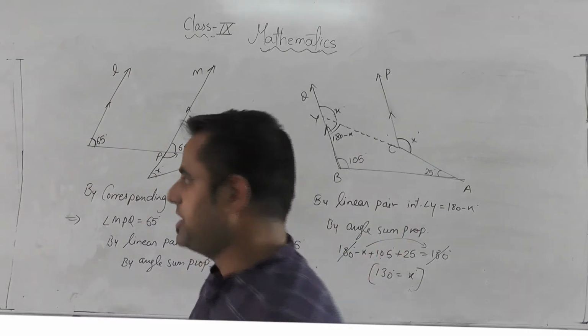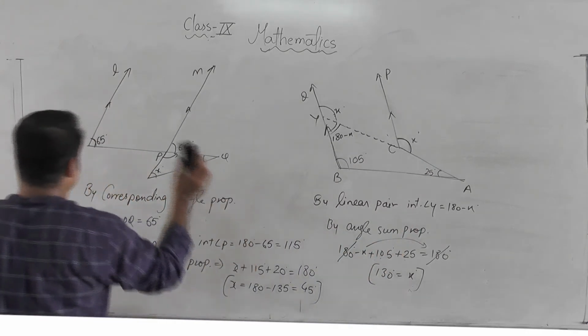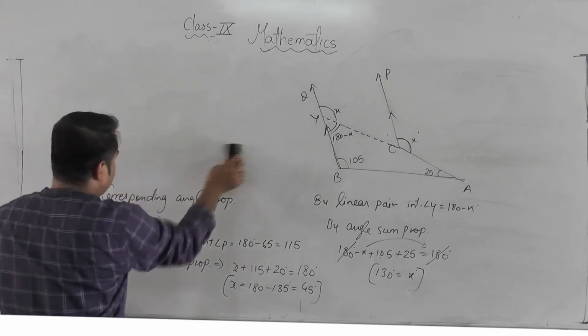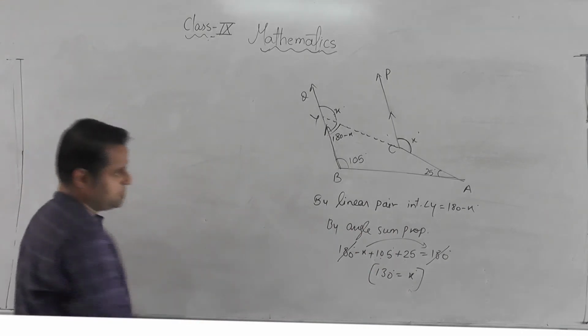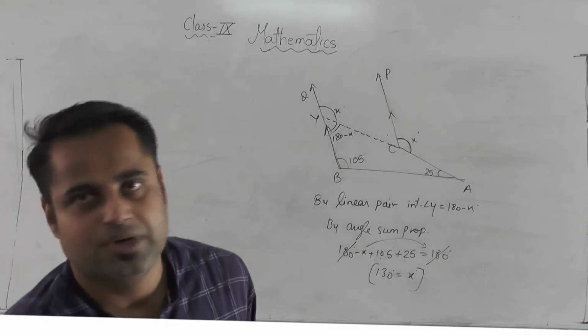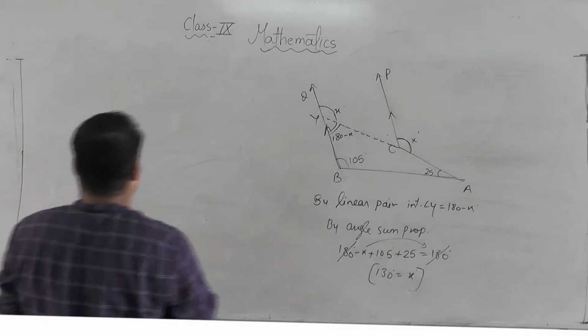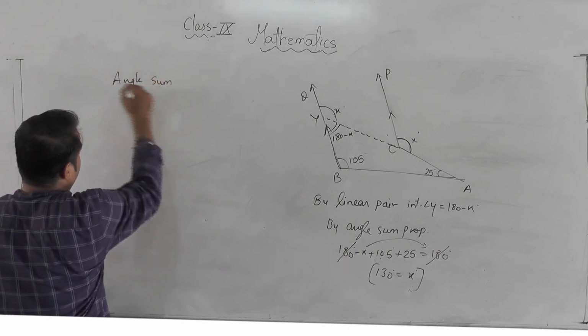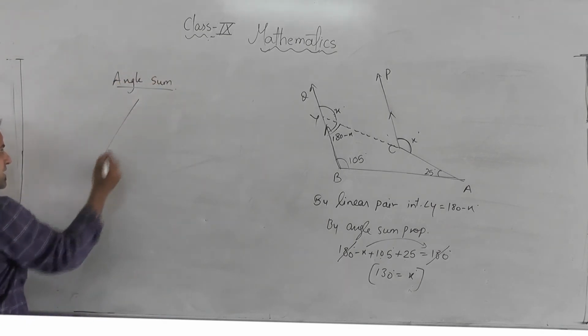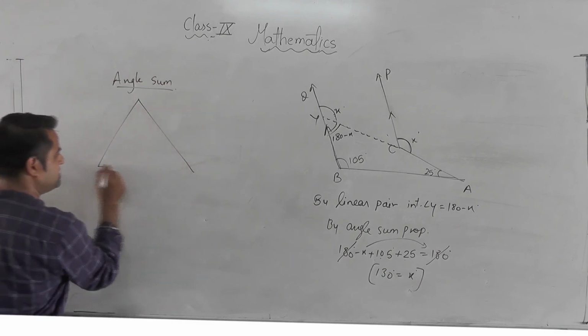I will explain the exterior angle property because it came like this. The exterior angle property comes from this angle sum concept, which you might have seen. First of all, I am explaining this. In a triangle, there are 3 angles.